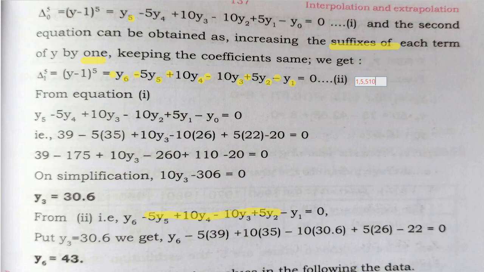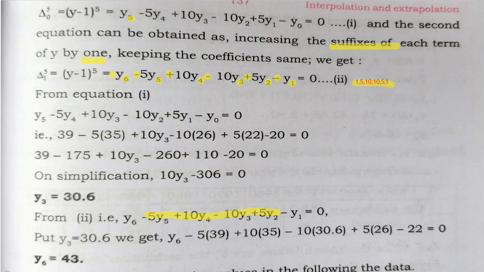We will get the same values, and we have to write them here. The values I will get are 1, 5, 10, 10 and 5, 1. These are all the values I will get from the Pascal triangle.